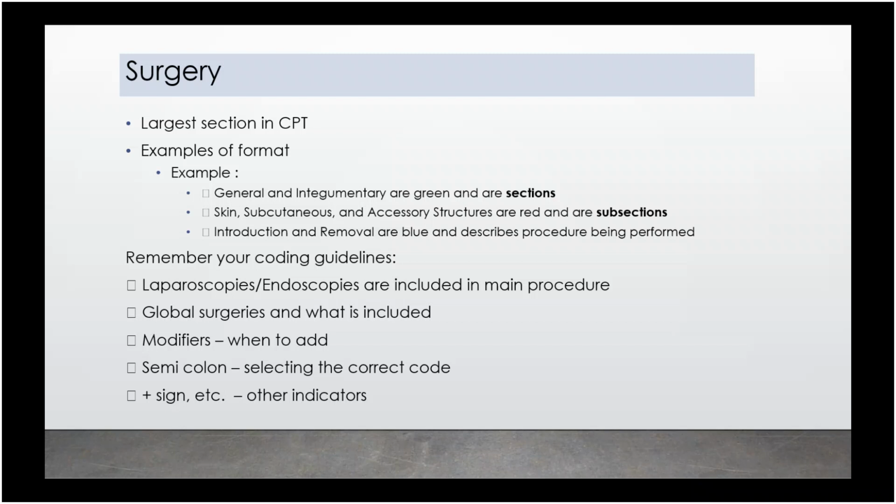So when do we need to add those? The semicolon, selecting the correct code, and our plus sign and other indications. So you're going to look at all of that information. Global surgeries, we break that down. We break down modifiers and such.